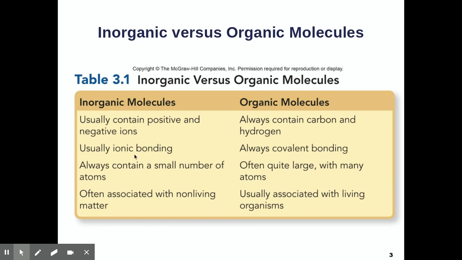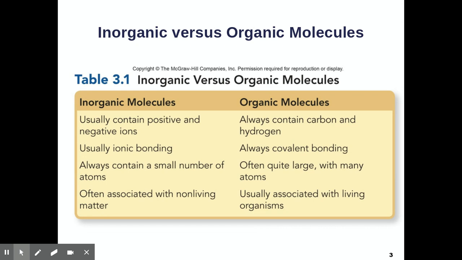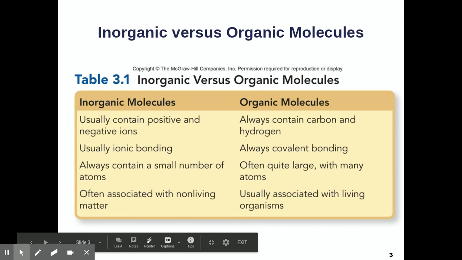Over here, if it's ionic bonding and you're just transferring an electron, it's probably just one transfer to another molecule. Therefore, they're going to be smaller. And then inorganic molecules are associated with non-living things. Organic molecules are then in living organisms, which are the biomolecules. So there's 4 biomolecules. We'll separate those out and talk about each one separately later.